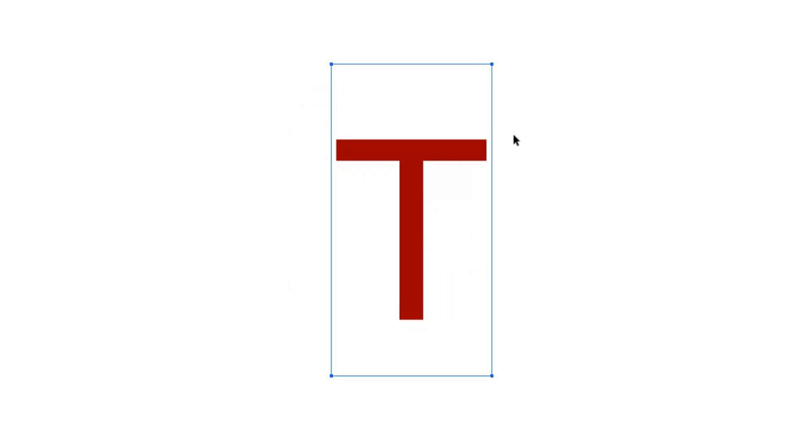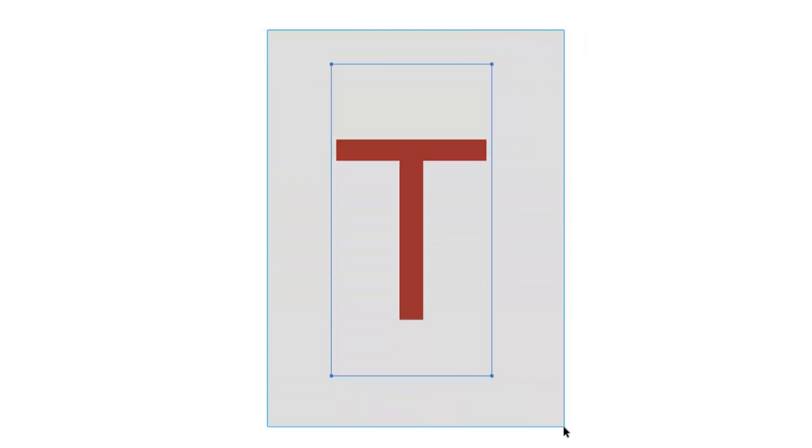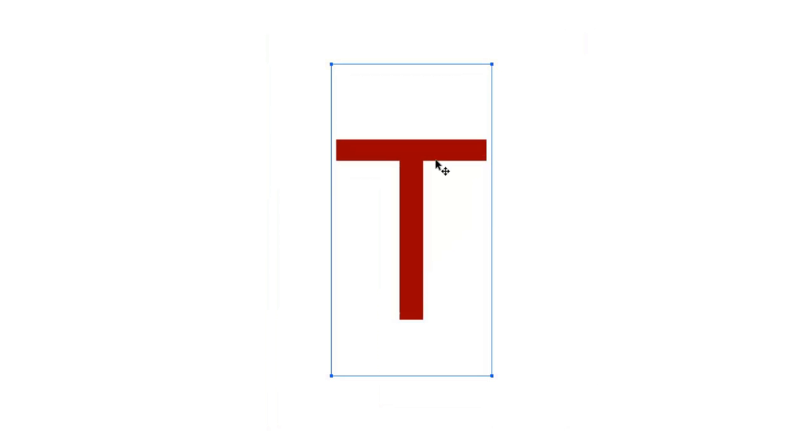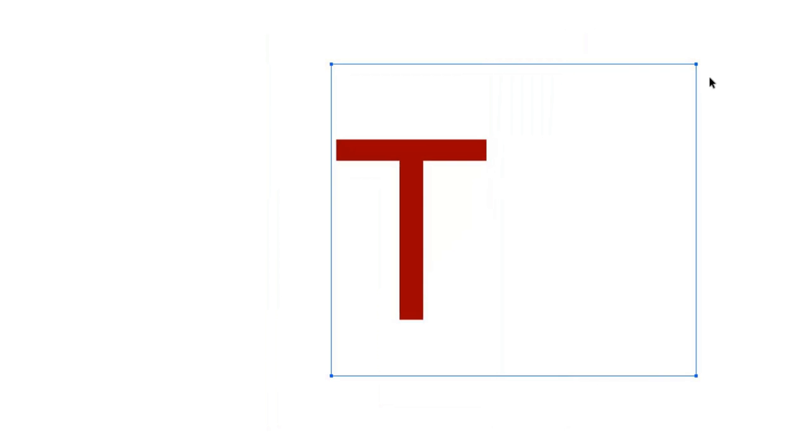Okay, so what I've got here, if you notice, around the T is an object box. In this case, it's a text box. So if I thought, oh, I'll resize that T, I grab this and go like that, that's not going to resize the T for me. All that's going to do is resize the actual box itself. Okay, so this is a text box.